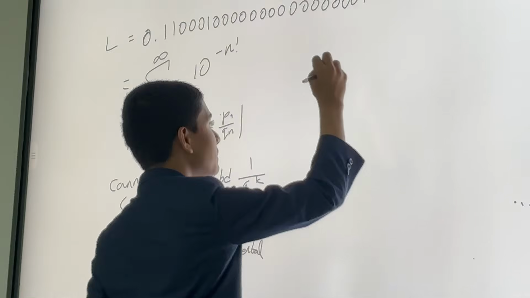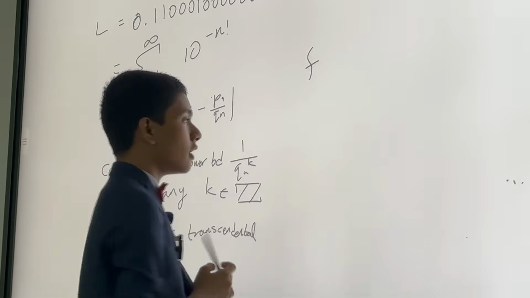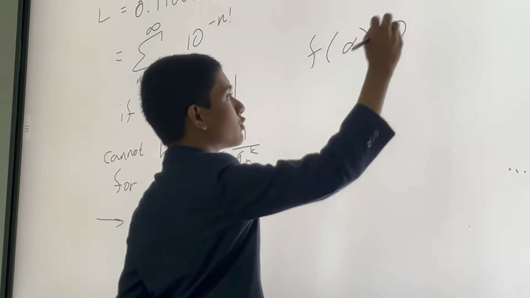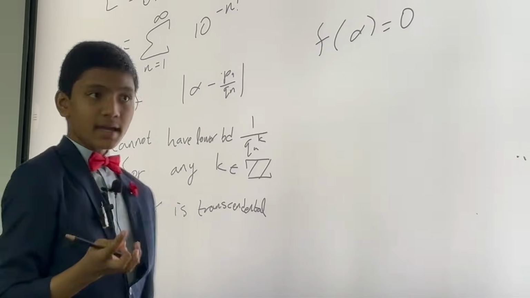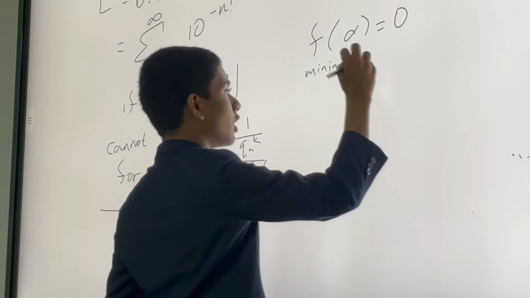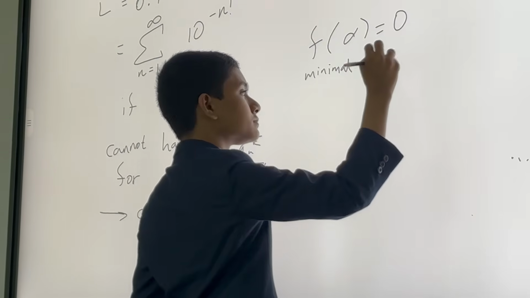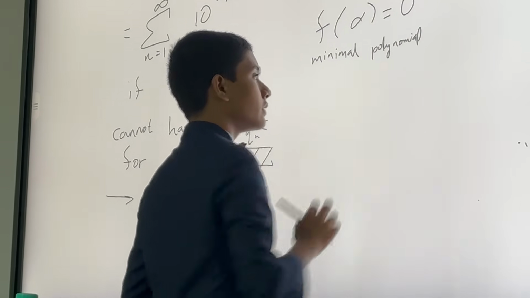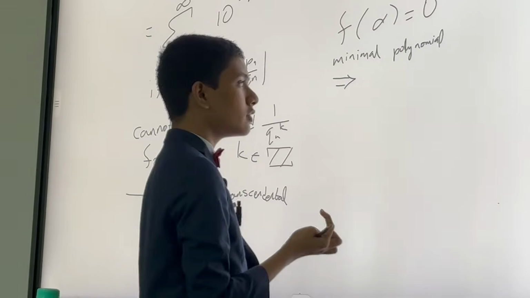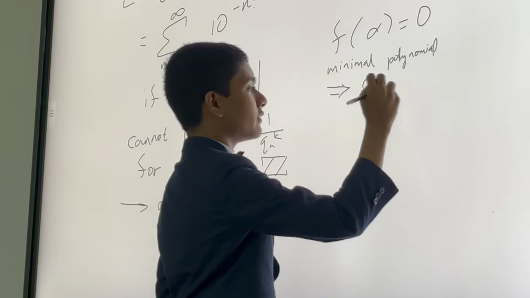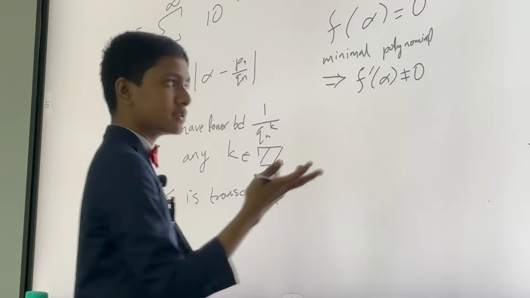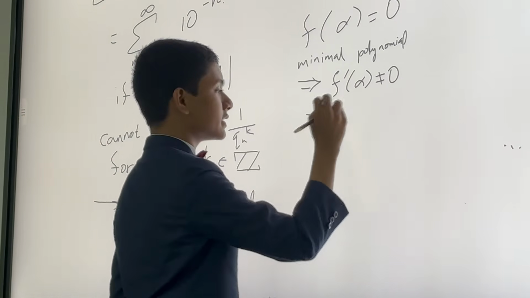Well, he started by taking a function which had a zero, the number in question, alpha. And we want it to be a minimal polynomial, which we know will always exist. And so that will imply, if f is a minimal polynomial, that f prime of alpha is not equal to 0. And since it's a polynomial, that also in general implies that f is continuous.